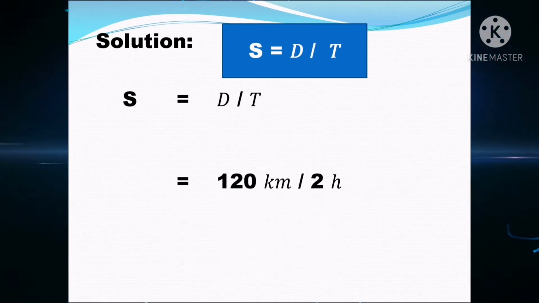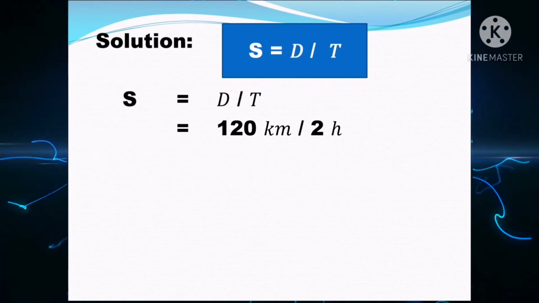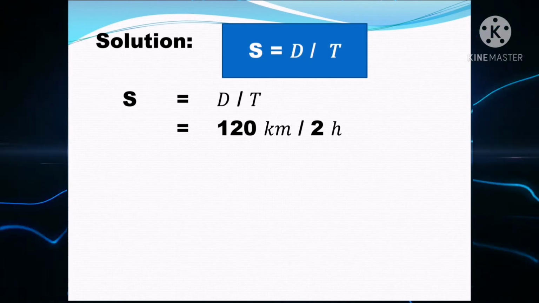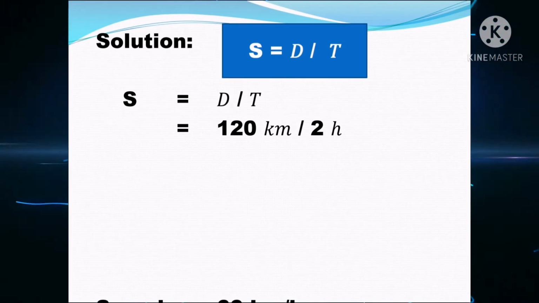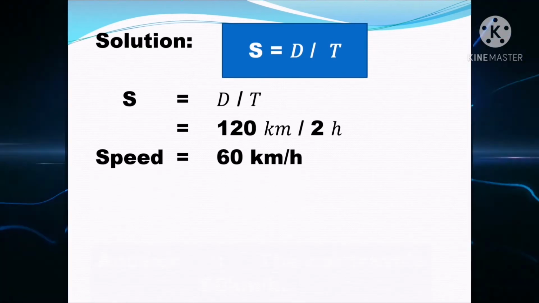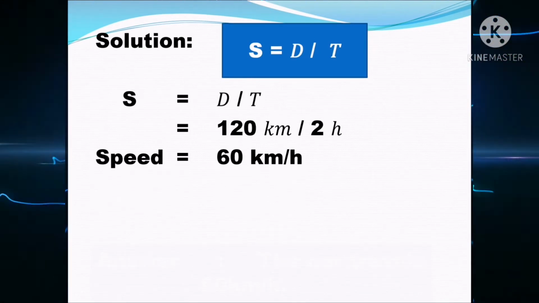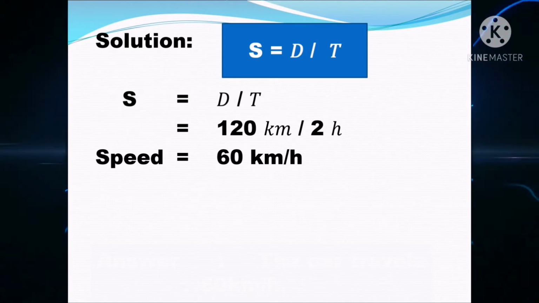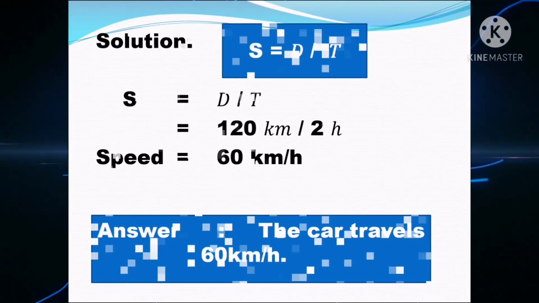So our distance is 120 kilometers and our time is 2 hours. So 120 divided by 2 is equal to 60 kilometers per hour, which is our speed. So the car in this situation travels 60 kilometers per hour.